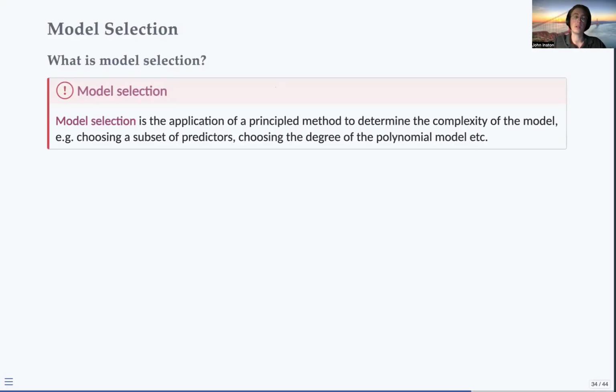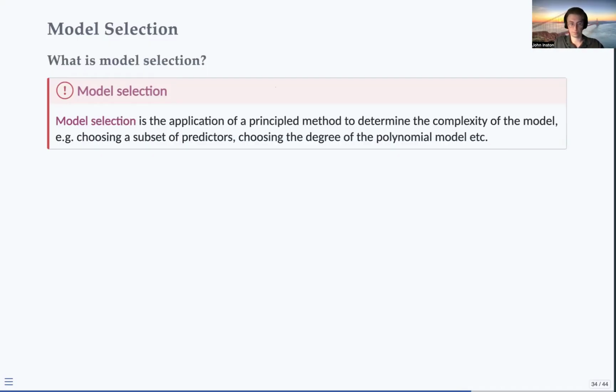For example, you could be choosing between multiple regression versions, some with polynomial terms, some with cross-relationship terms like beta 1 x plus beta 2 y plus beta 3 xy, which is another version of regression that we can look at. But it might also be across modeling families, such as logistic regression versus decision trees versus random forests, etc.